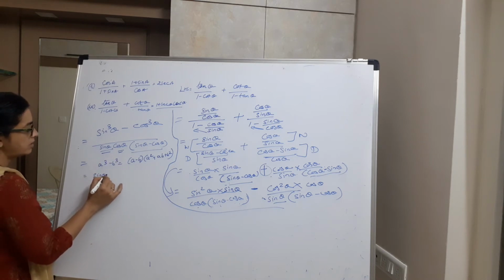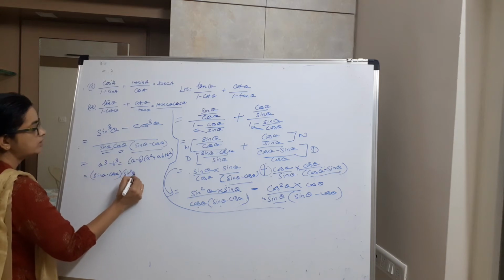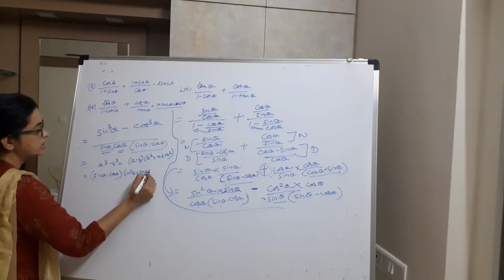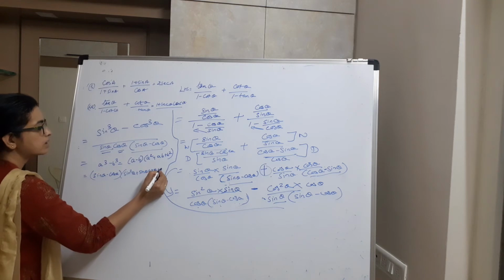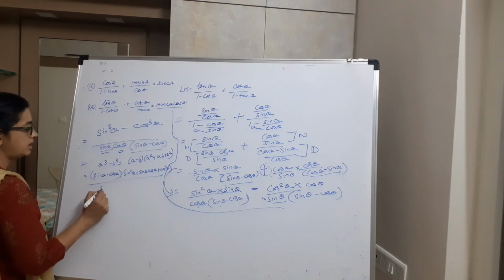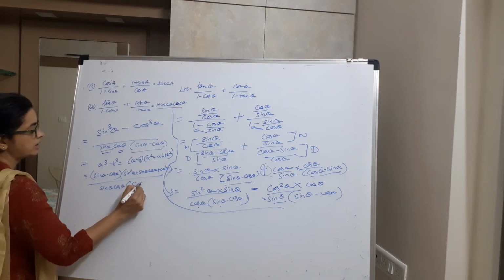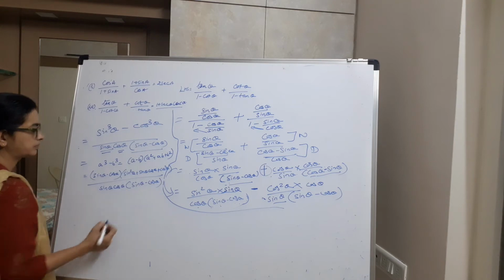So sine theta minus cos theta, sine square theta plus sine theta cos theta plus cos square theta. The denominator is sine theta cos theta, sine theta minus cos theta.